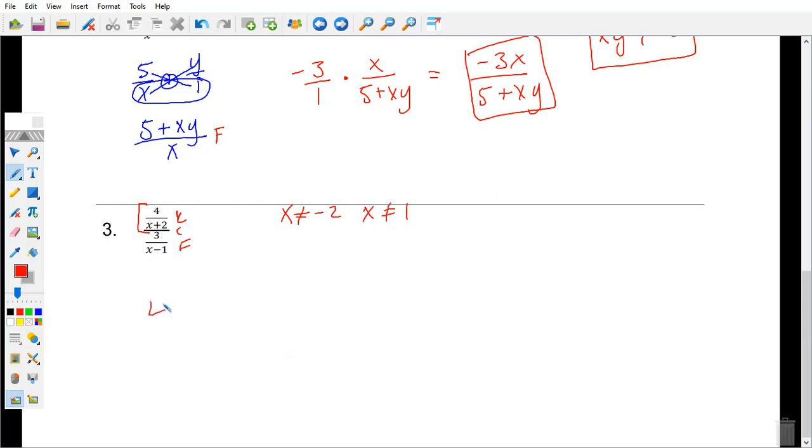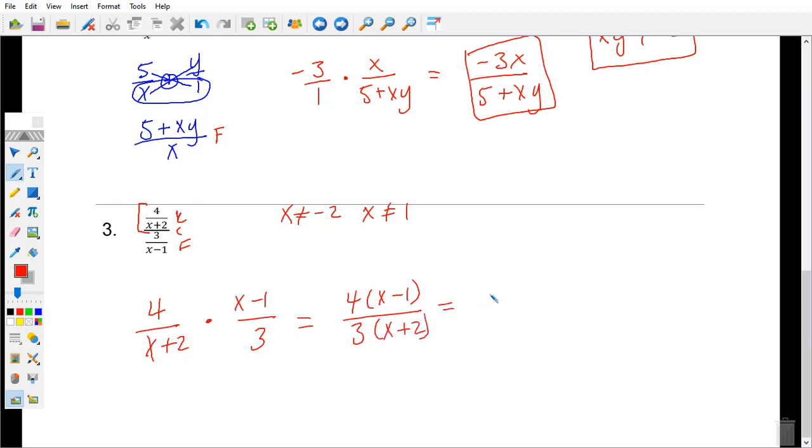So we have 4 over x plus 2. We keep, we change from division to multiplication, and we flip, and it becomes x minus 1 over 3. And now it's just straight multiplication: 4 times x minus 1 over 3 times x plus 2.